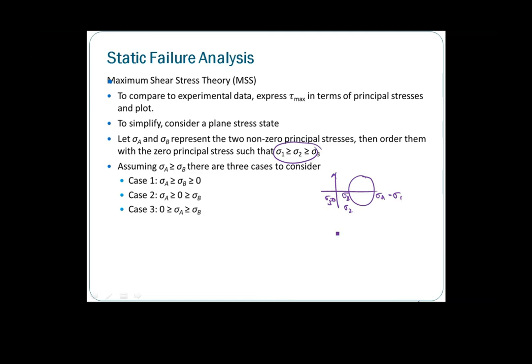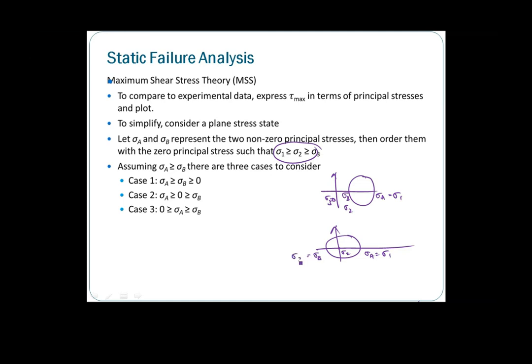If we have another case in plane stress, it could be in between, like this. So we have our sigma A, sigma B, and somewhere here is 0. So this is our sigma 1, sigma 2, and this is our sigma 3.